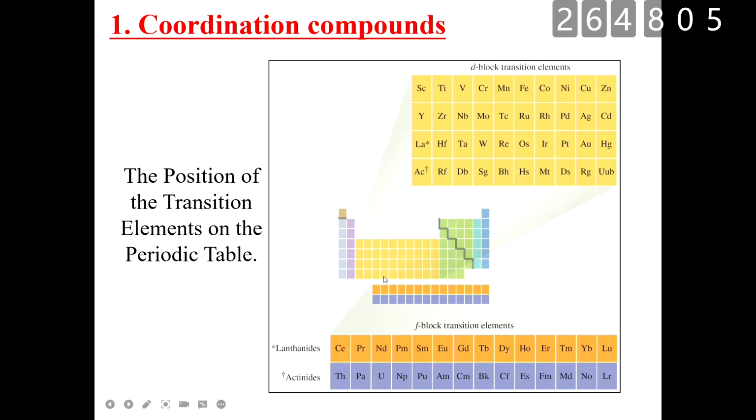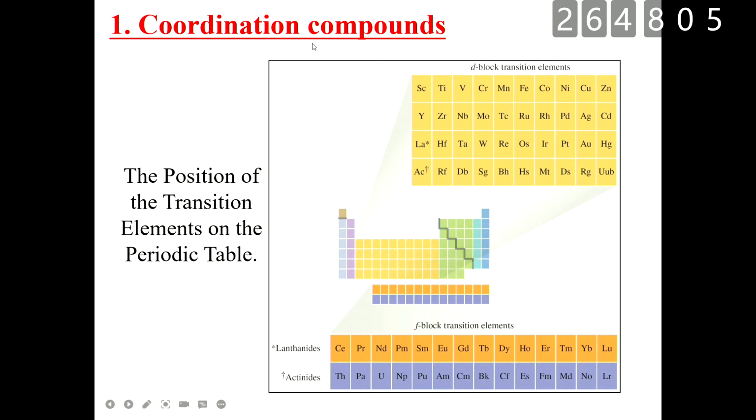So how do we call these metals? Transition metals are all d block metals. Besides the d block metals, we also introduce the lanthanides, the inner transition metals. So all these are transition metals.